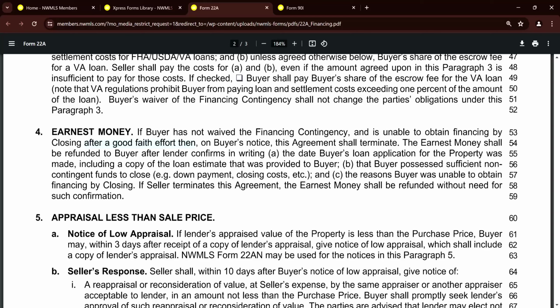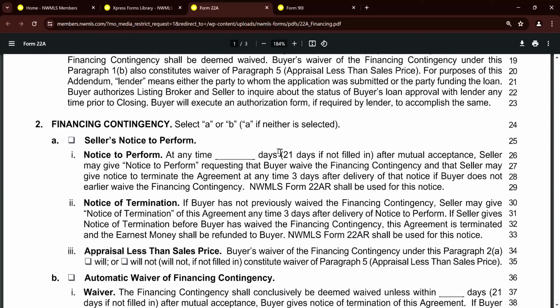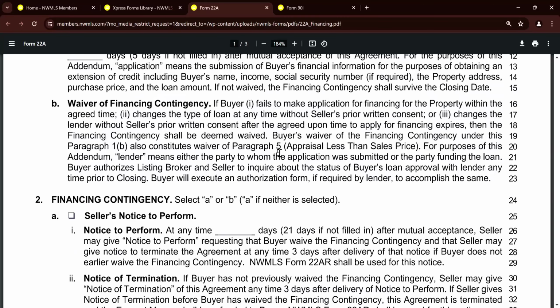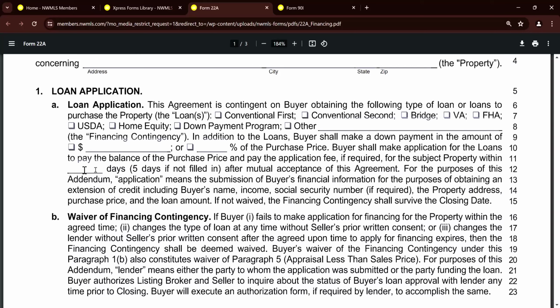And you're going to have a better outcome usually. So is just applying with one lender not considered a good faith effort? What if they apply with one lender and it's clear that no matter where you go, it's not going to work? Well, the buyer has to make their loan application within 5 days, and whatever you fill in on this form, you've got to follow with what you're trying to do.